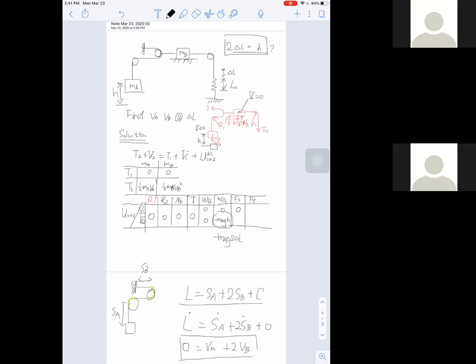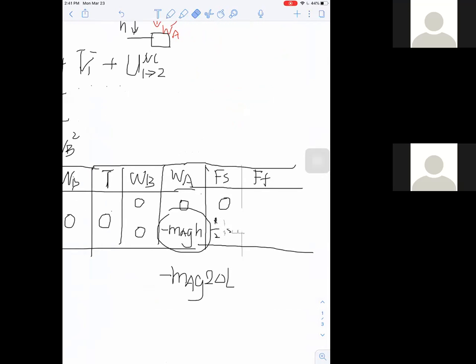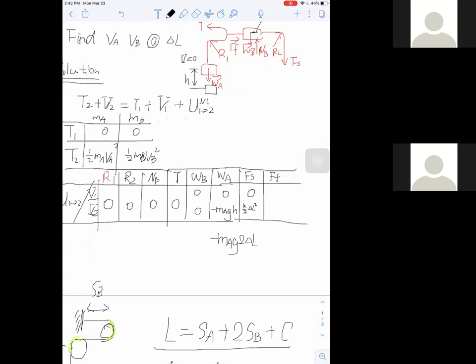But V2 of the spring equals 1 over 2 times K times delta L squared. That's the equation for potential energy. That is K over 2 delta L squared. That's the potential energy from the spring, and it is always positive. Remember that.